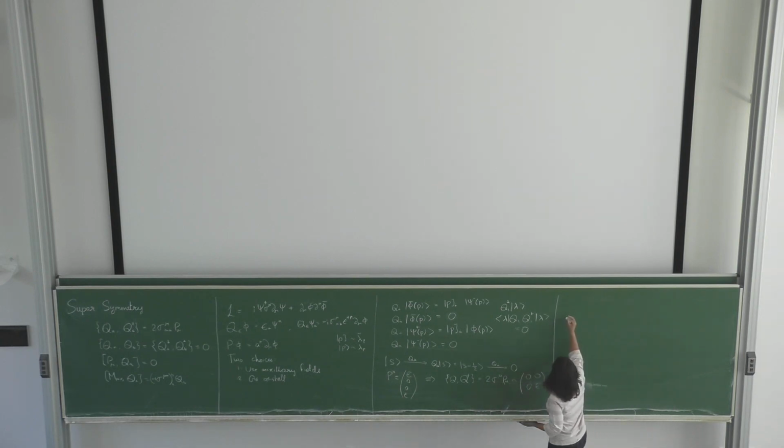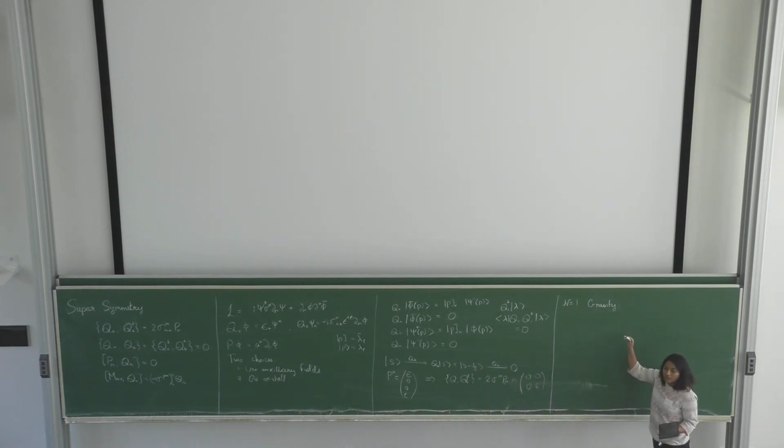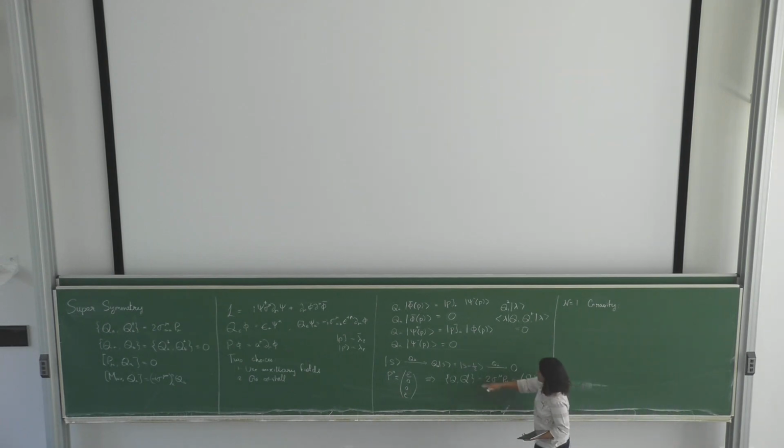So with this in mind, I'll just give you an example, which is n equals 1 gravity. Now, to get an n equals 1 graviton multiplet, I have two choices. The spin 2 can either be the S minus a half, or it can be the S, which means I have two multiplets possible. One of them has 2 acting on it with Q give you 3/2.